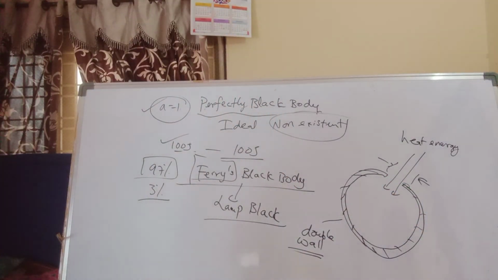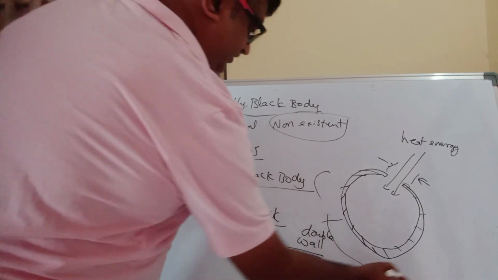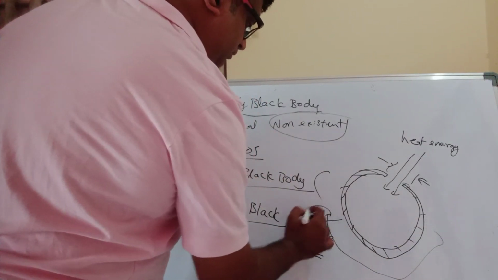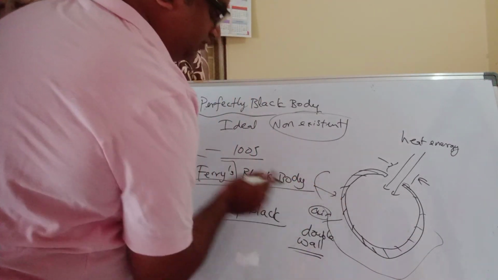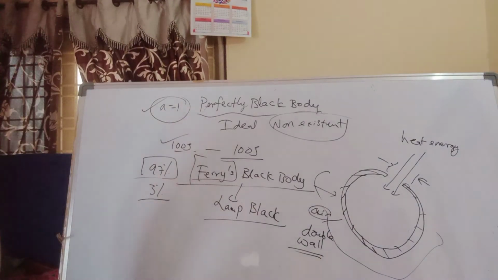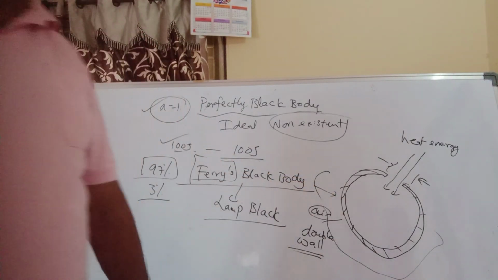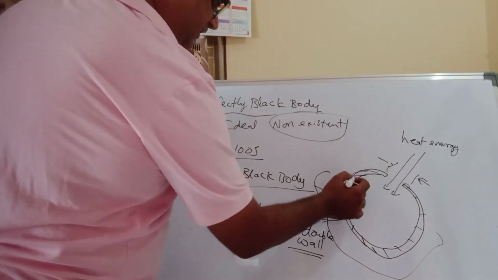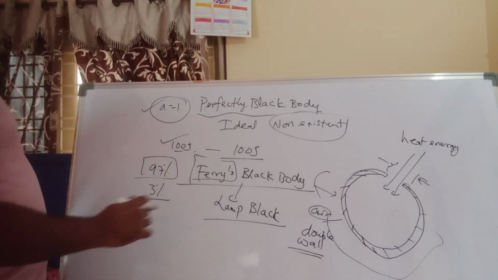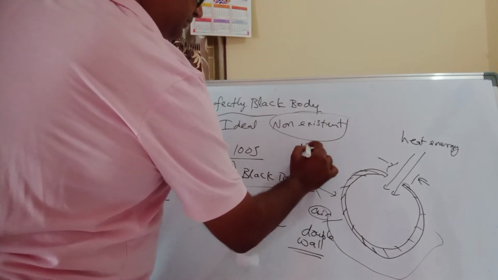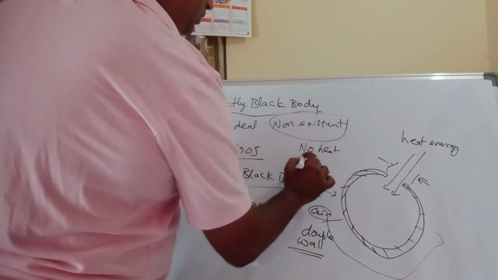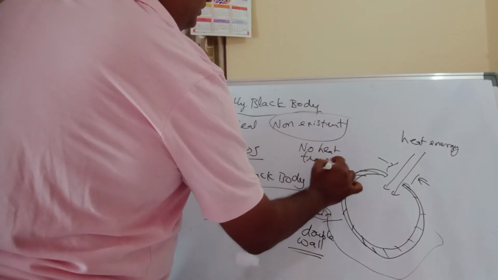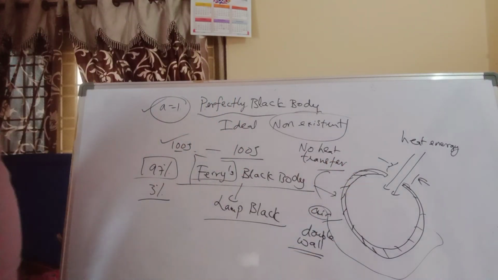The purpose is this: the entire surrounding is air, right? What if some heat goes into this setup from the air? Then your whole experiment is disturbed. So this arrangement ensures that there is no heat transfer from the surroundings.